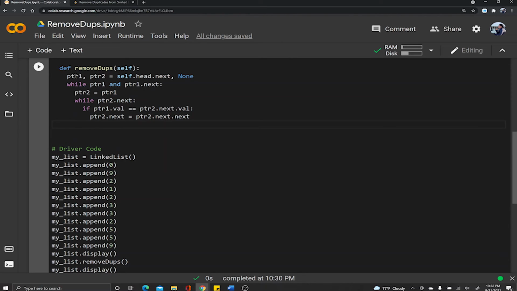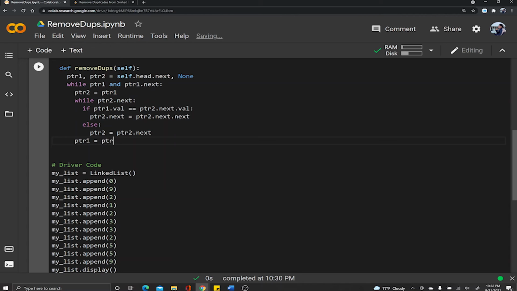Now else, meaning they're not equal, then ptr2 is just going to be equal to ptr2.next, exactly like we did on paper. And then outside of this if statement, outside of this while loop controlled by ptr2, we're going to increment ptr1, ptr1 is going to be equal to ptr1.next. I think this is correct so far.